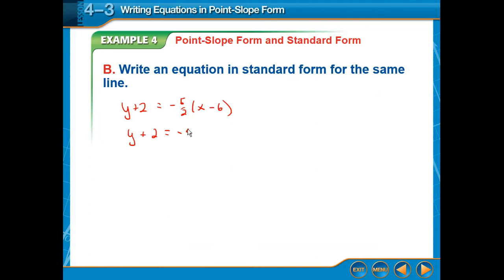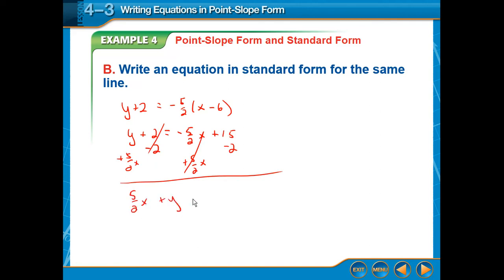So I'm going to have negative 5 over 2x, and then it's going to be plus 15. Standard form gets all the variables on the same side. So I'm going to do plus 5 over 2x, and the constants on the other side. So I'm going to do minus 2. Okay, so they cancel, and I get 5 over 2x plus y equals 13.